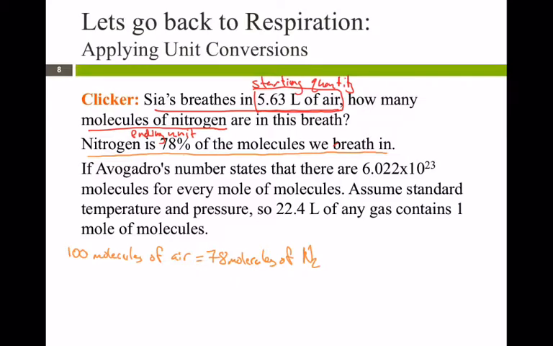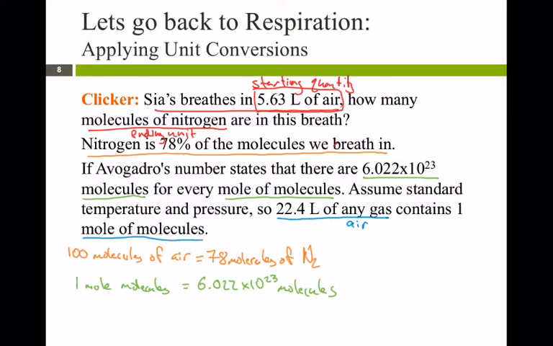And then we have Avogadro's number, which states that there are 6.022 times 10 to the 23rd molecules for every mole. So 1 mole of molecules equals 6.022 times 10 to the 23rd molecules. Let's look for another one. Assuming standard temperature and pressure, which is required for this next statement, 22.4 liters of any gas, which can be air, contains 1 mole of molecules.